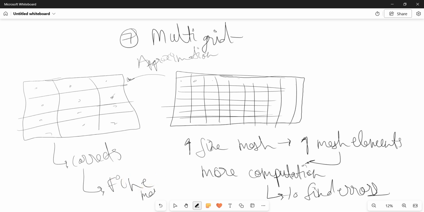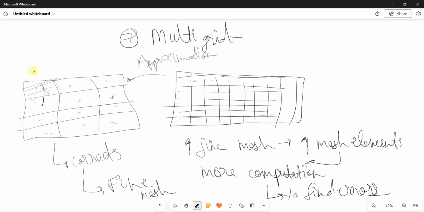Okay, if that's understood. If you're doing each of these fine meshes singularly, it would take a ton of time to compute the error for each and then have a correction for each of them. So what multigrid does is it converts into coarse. Even if, let's say, this big mesh has 8 smaller meshes within it, right?